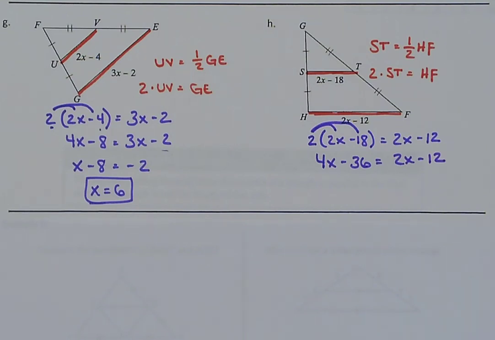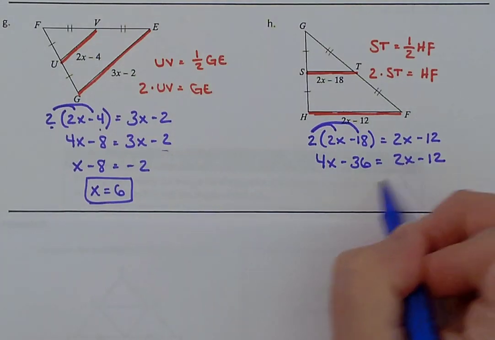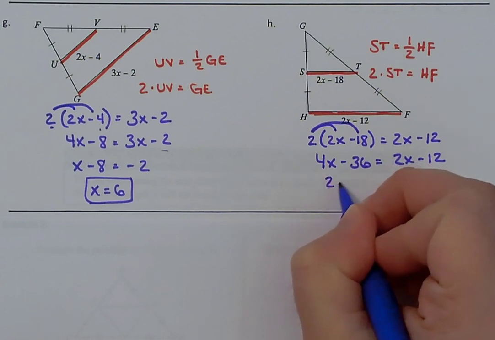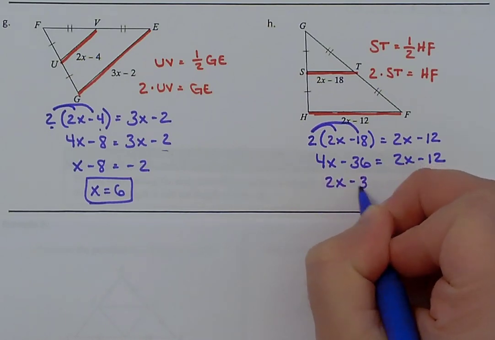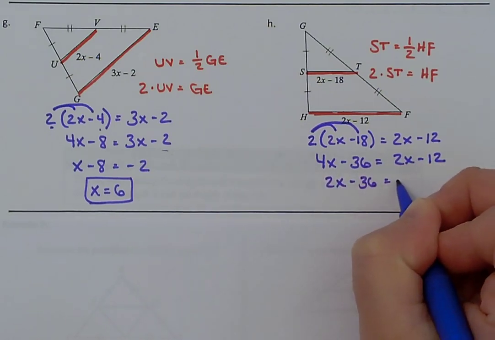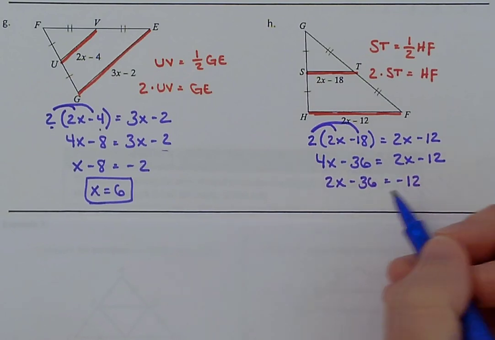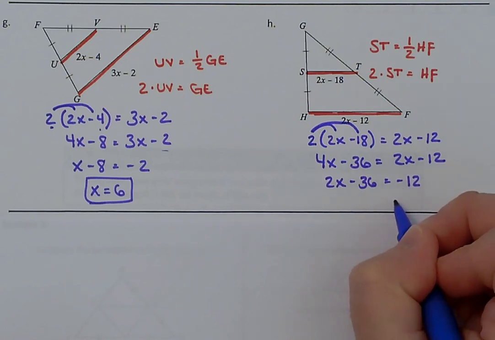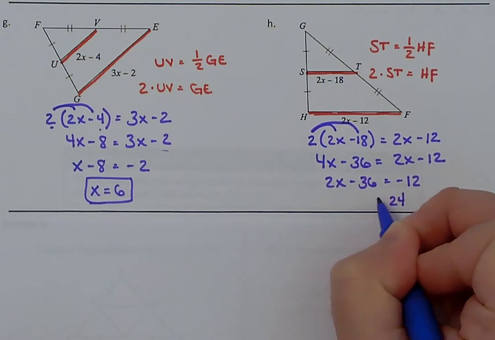All right, from here we just need to go through and solve per normal. So I'm going to move the 2x to the left. So 4x minus 2x is 2x minus 36 equals negative 12. I add the 36, so negative 12 plus 36 is 24.